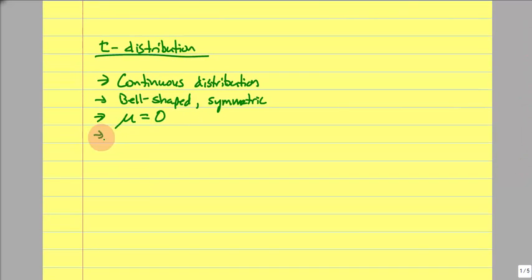It's more spread out than the normal curve usually. I can't talk about its standard deviation because there's a different standard deviation for every sample size. So the curve, the spread, is defined by the standard deviation, and that's based on our sample size. So the spread is defined by n minus 1, which are called degrees of freedom.